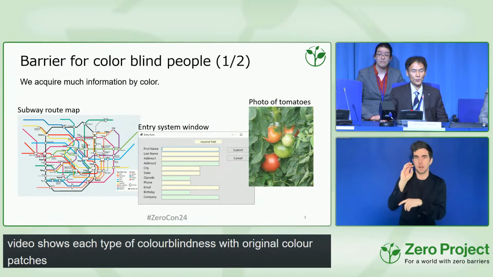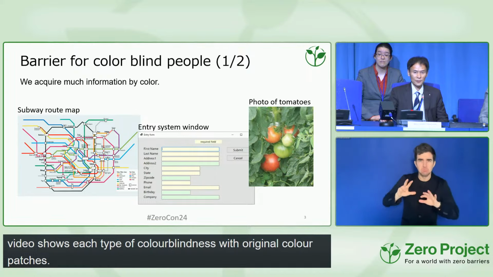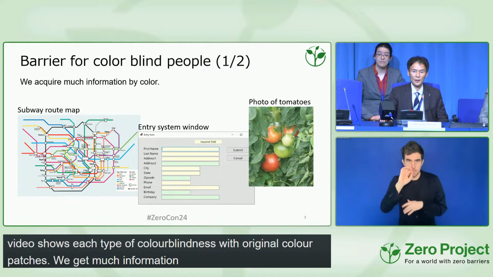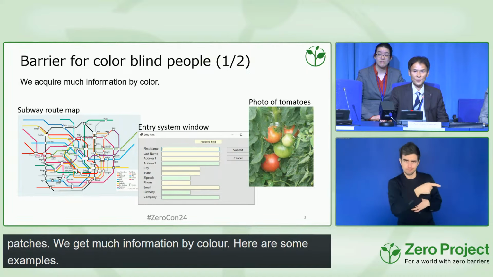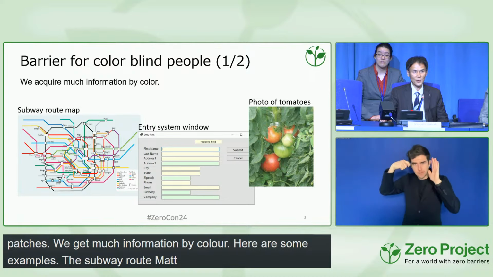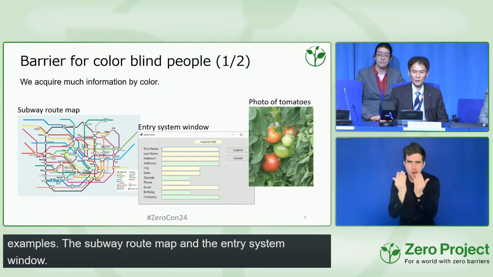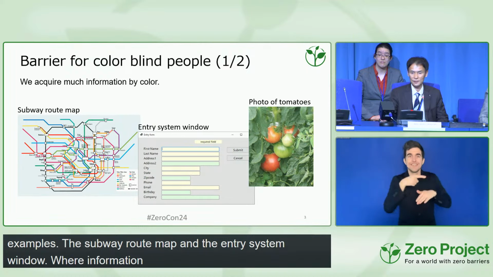We get much information by color. Here are some examples: a subway route map and an entry system window, in which the required field is indicated by only color. And the last one is a photo of tomatoes in different ripeness stages.